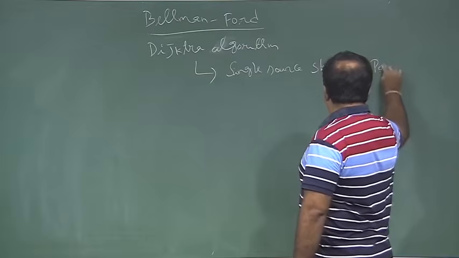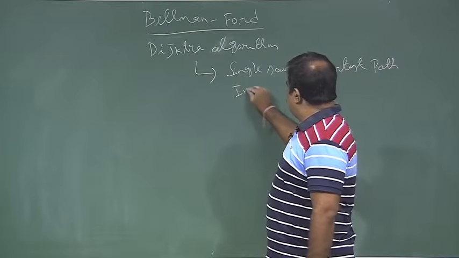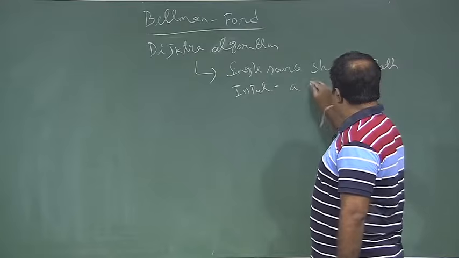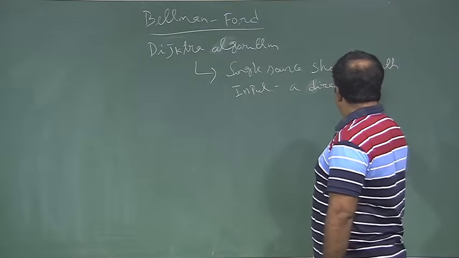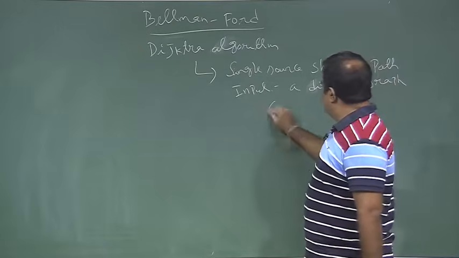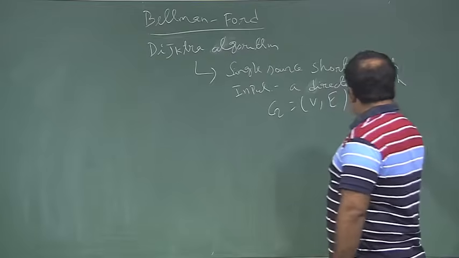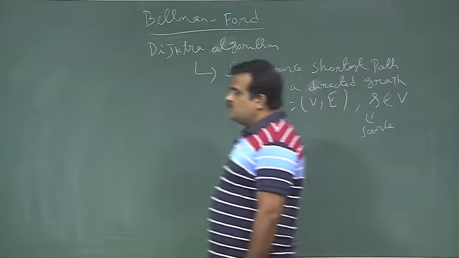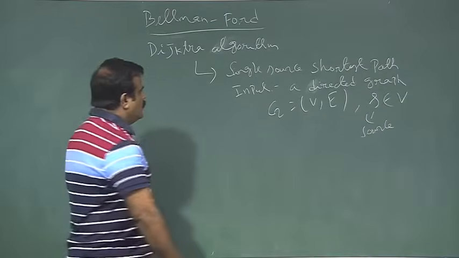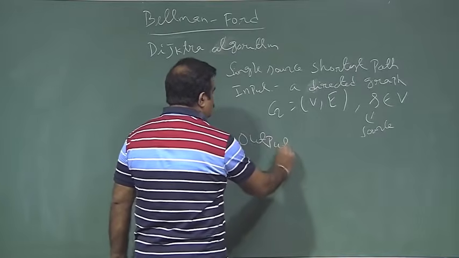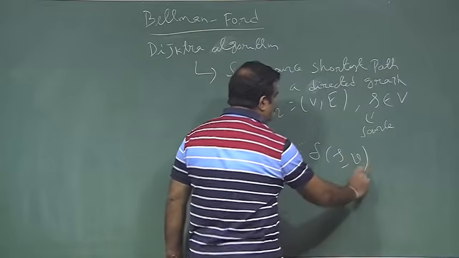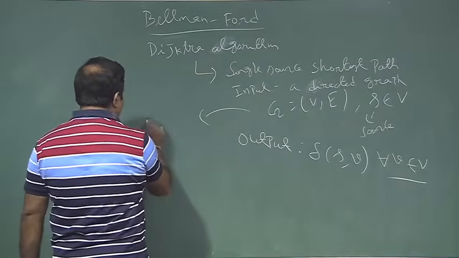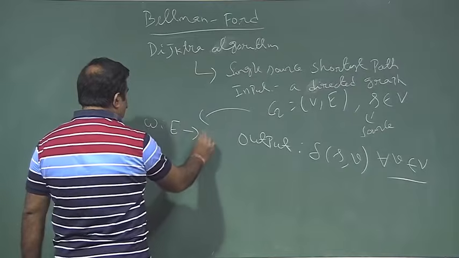That means the input is a directed graph G, V comma E, and a vertex which is the source vertex, and the output will be delta of s comma v for all v belonging to capital V, and also we have the weight function E to R plus.